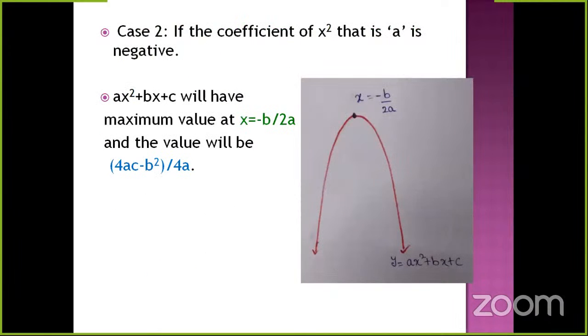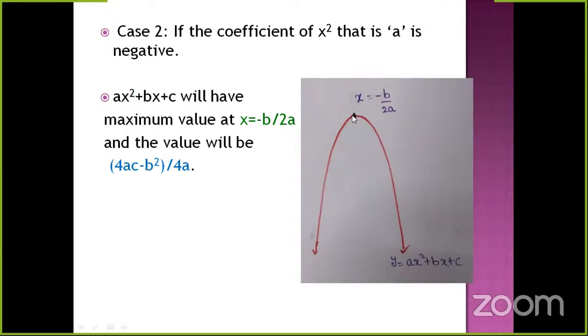Now we will see the second condition, that is case 2. The other condition is if the coefficient of x square, that is the value of a, is negative. You know that when a is negative, the curve will be in the inverted U shape. And as we are going to the right side of the x-axis, the curve will be going down.